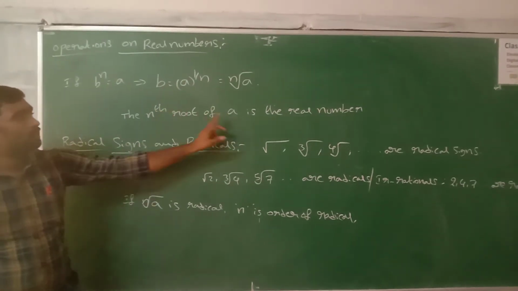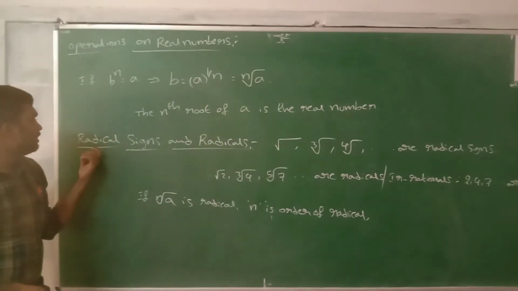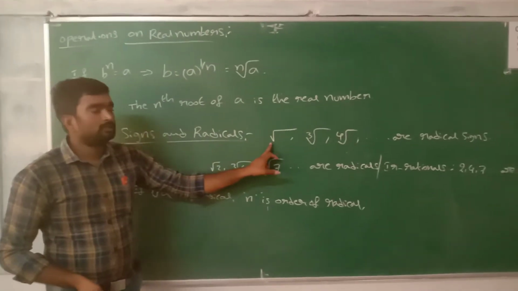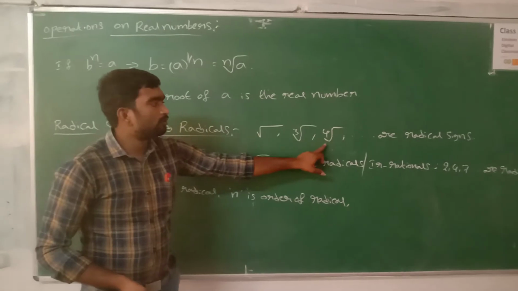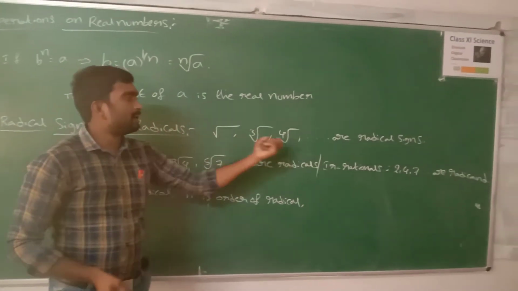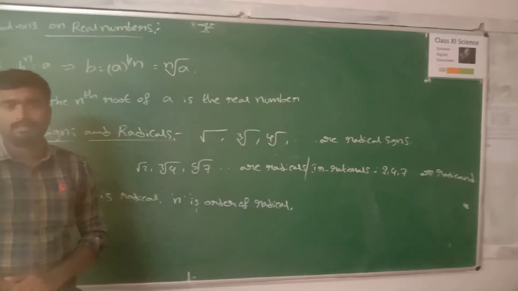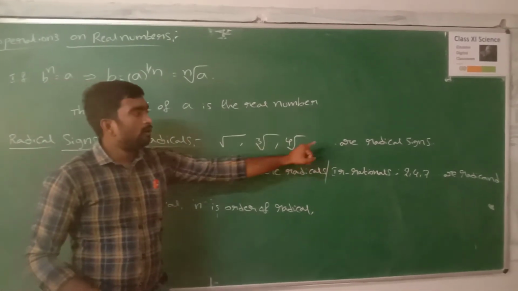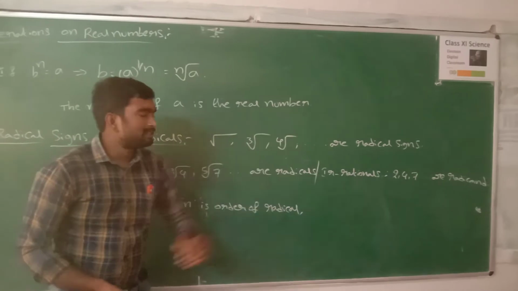Now, radical signs and radicals. That means square root, third root, fourth root, and so on. These are the radical signs.